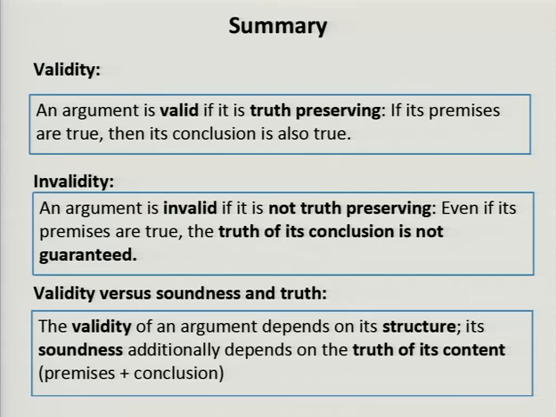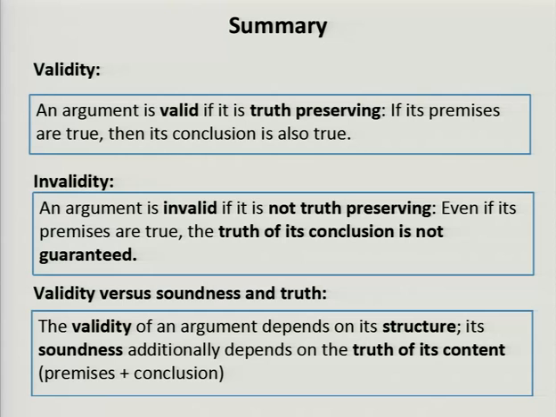Even if the premises are true, the truth of its conclusion is not guaranteed. So this truth will not automatically, in virtue of its structure, carry on to the conclusion. The validity of an argument is going to depend only on its structure. Whether it is sound additionally depends on truth, so it depends on content.